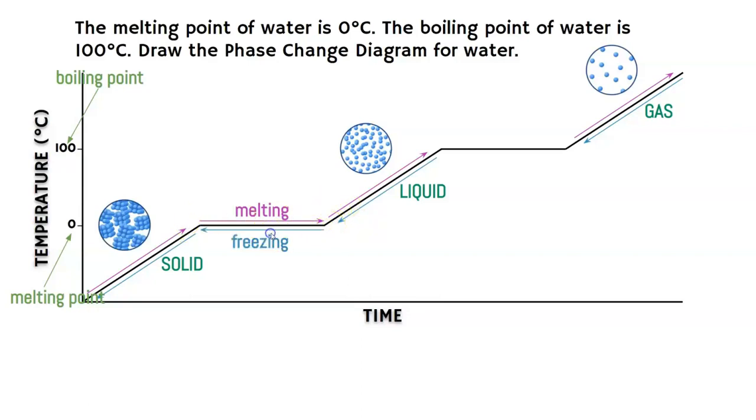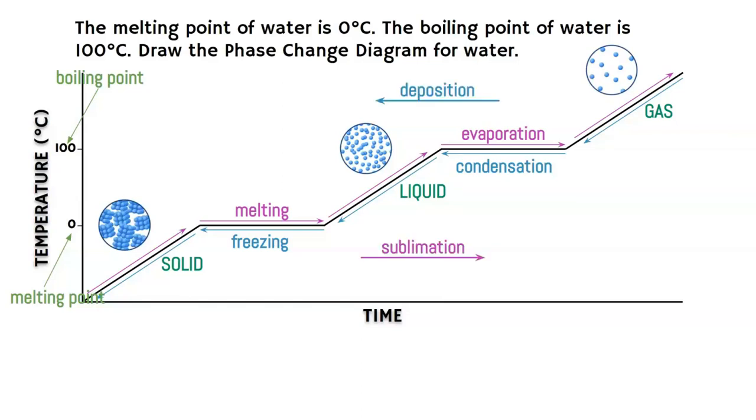And going oppositely, the opposite of melting is freezing. If we're going from a liquid to a gas, that's evaporation, and the opposite of evaporation is condensation. Now we just learned about 6 phase changes of matter, changes of state, including deposition and sublimation, and we could just add those there.